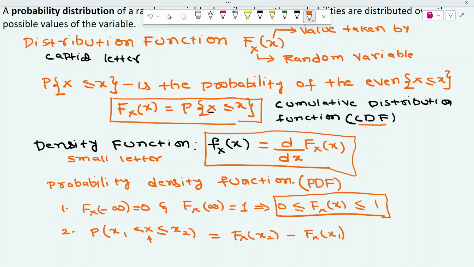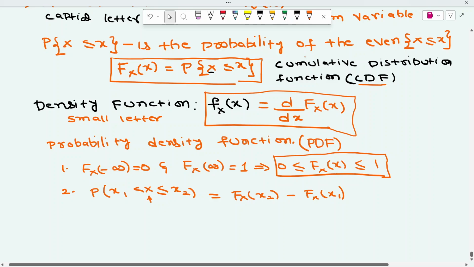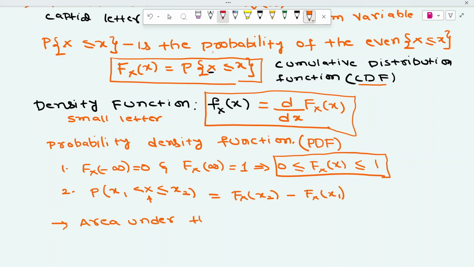Similarly, there is one important property of the density function that we will use most of the time while solving problems: the area under the density curve is 1. That means the integral from minus infinity to infinity of f_X of x dx is 1.